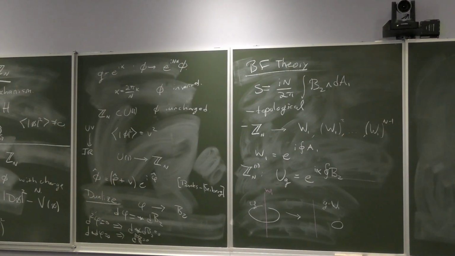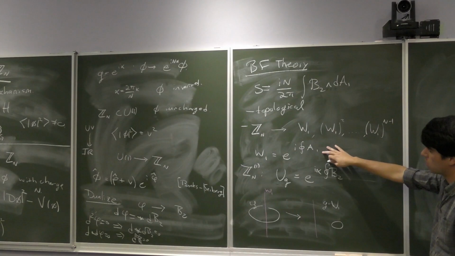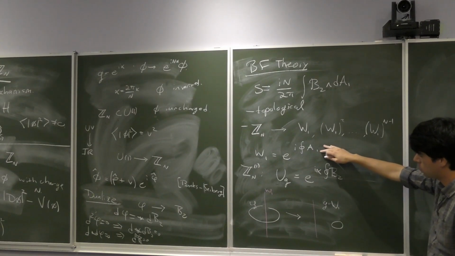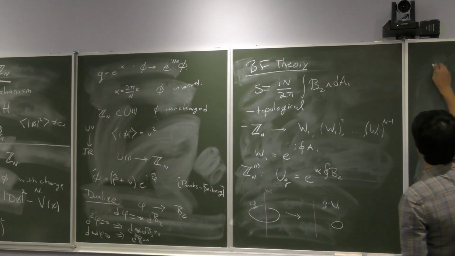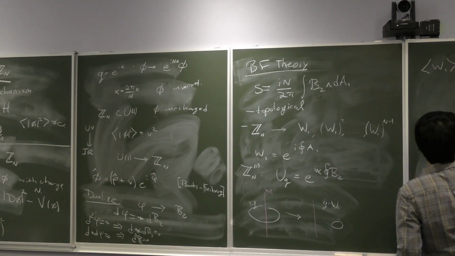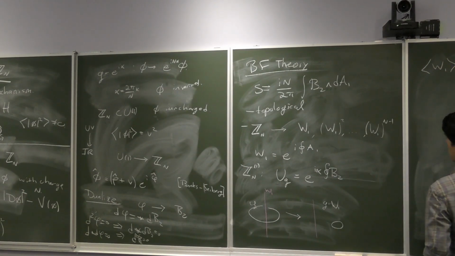is that the insertion of the Wilson line here, you can think of in the path integral as adding a term to your action, which is i integral of A times a delta function.